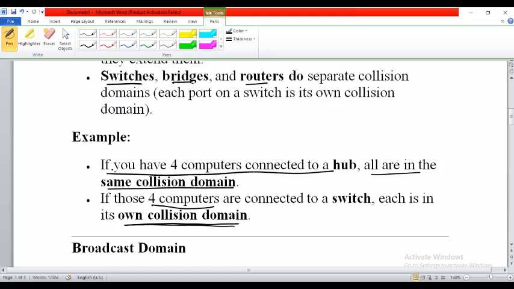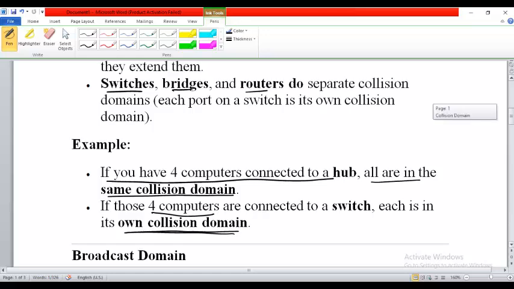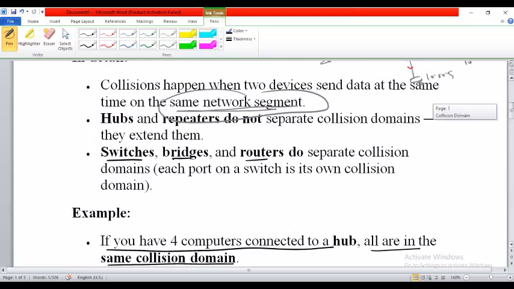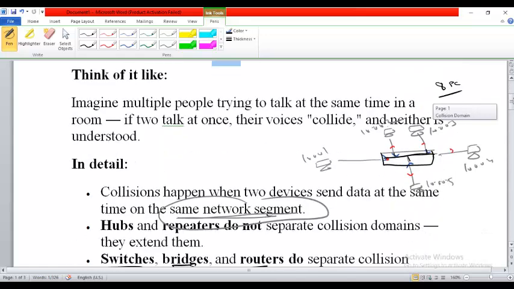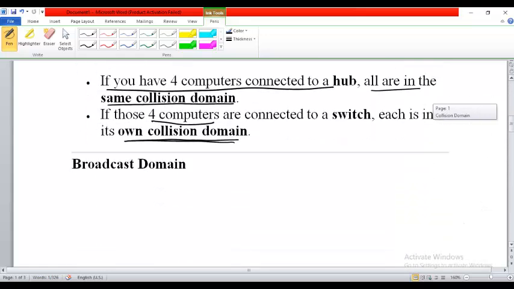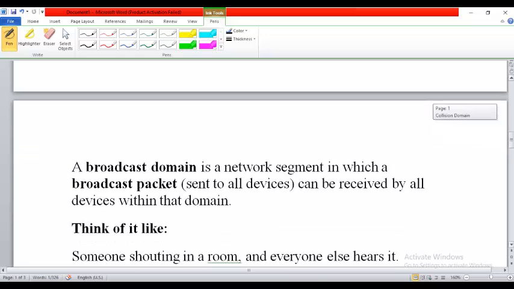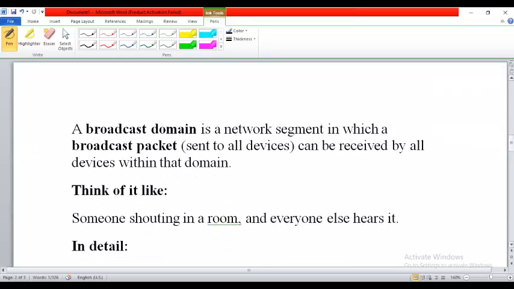All right. Let's move on to the broadcast domain. What is a broadcast domain? This is easier than the collision domain. A broadcast domain is that one common backbone which will take any traffic that hits it to all the connected devices. It's a broadcast domain. Broadcast controller.